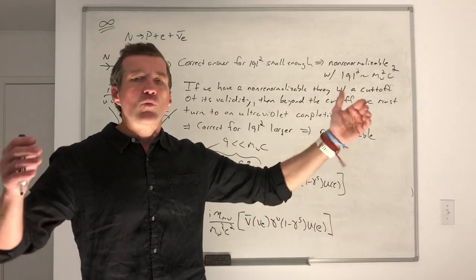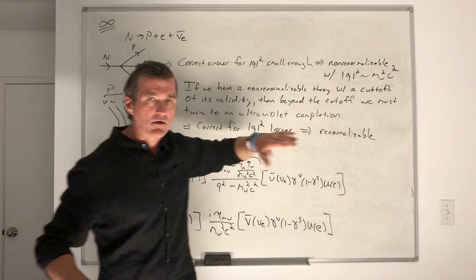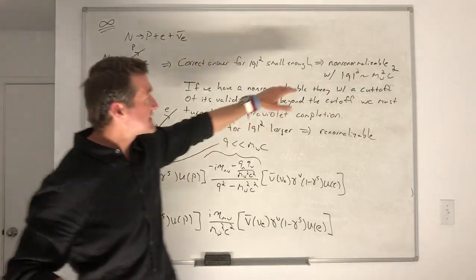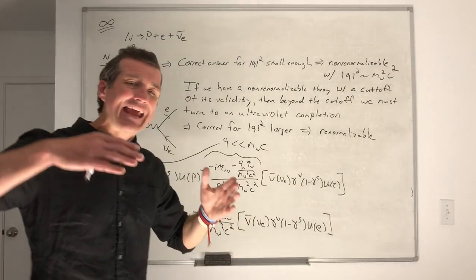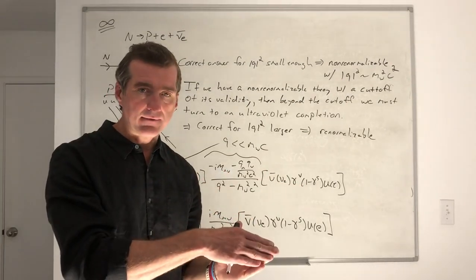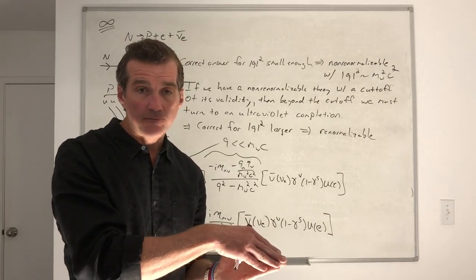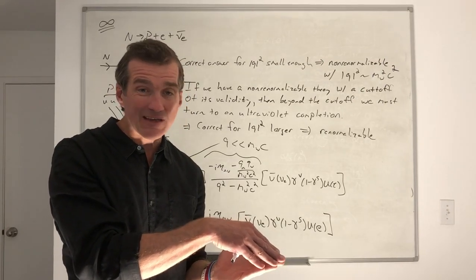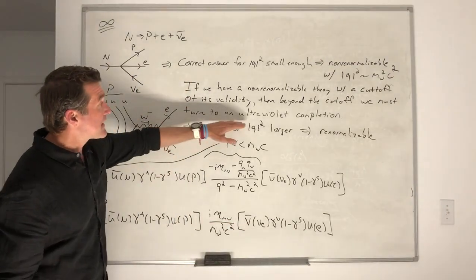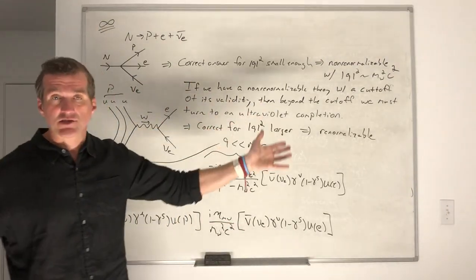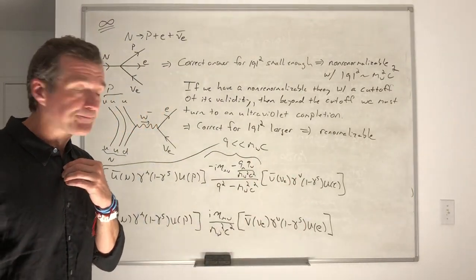It's that we can use this theory as long as we haven't reached this scale, but for processes at this scale or higher, there should be a replacement theory that will give you a more accurate answer, possibly a finite answer. And that completion is the ultraviolet completion. Ultraviolet because it's higher energy. Okay?